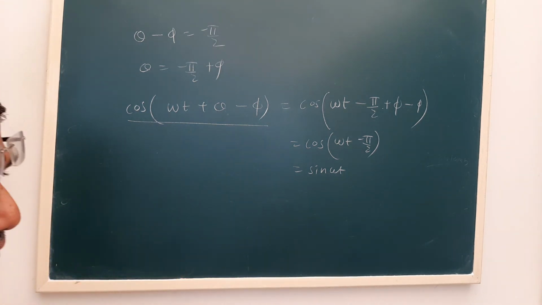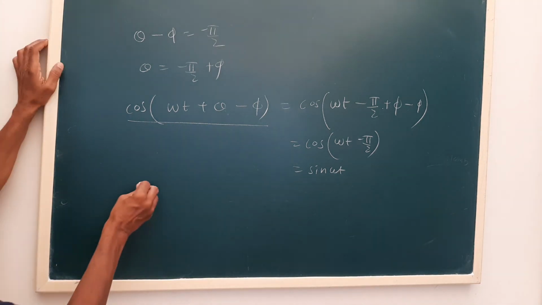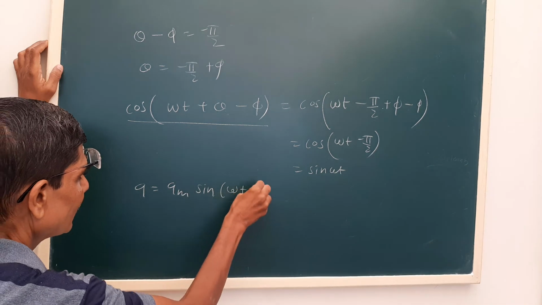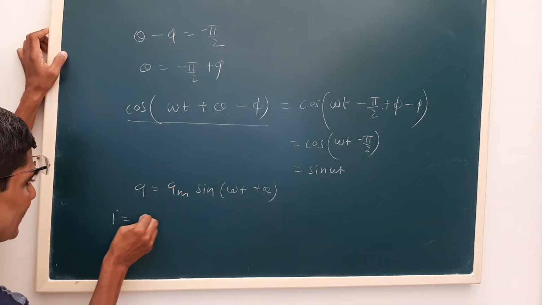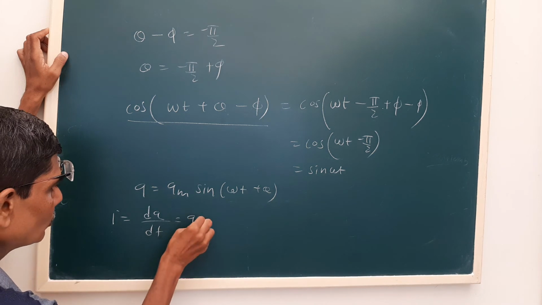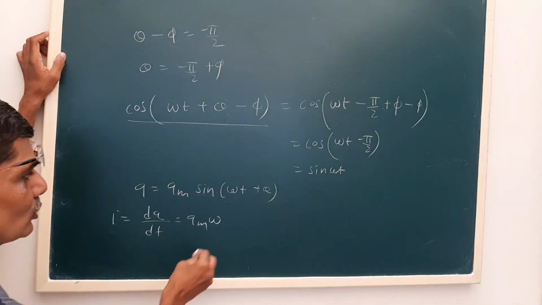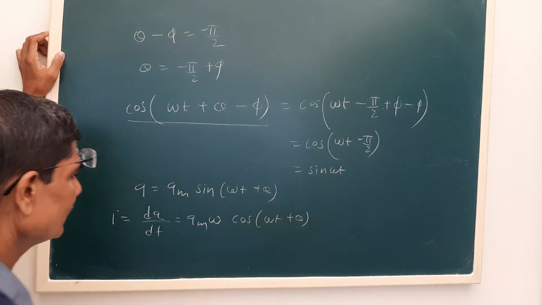So our assumption was correct, that the charge in the circuit is Q equal to Qm sin(omega t plus theta). Now by using this we can obtain the value of current. I is dq by dt. The derivative of Qm sin(omega t plus theta) is Qm into omega cos(omega t plus theta).